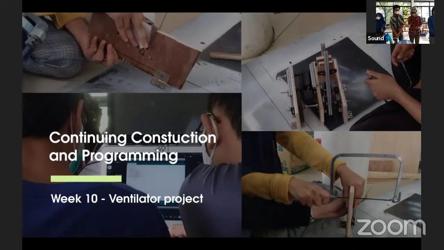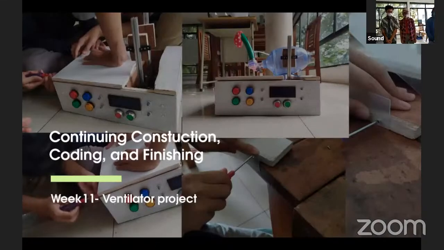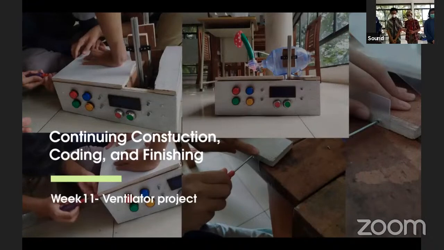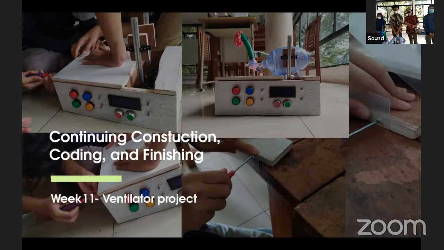It was just cleaning up things and doing minor tweaks. By week 11, all we needed to do was finishing: cleaning up the programming, streamlining it, and decorations. That's it.